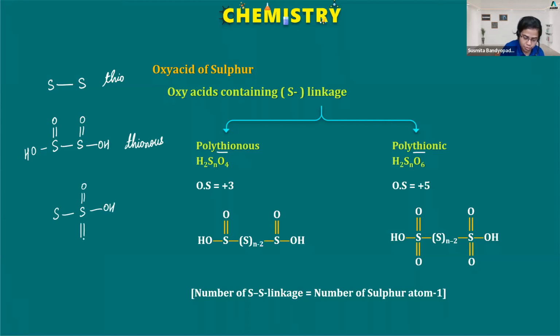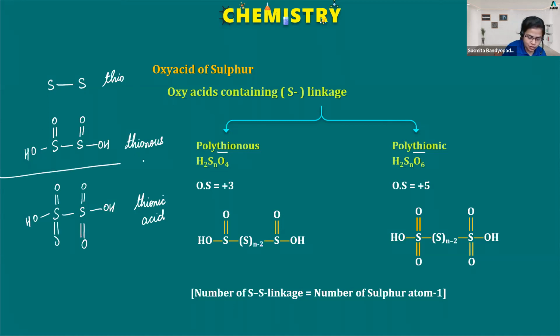No, for thionic, two double bonds, one OH. If you add more sulfurs here, this will do. Two double bonds, one OH for ic. One double bond, one OH for ous. Thio S-S linkage. Easy.